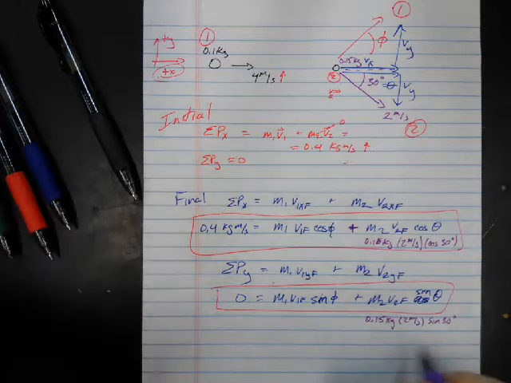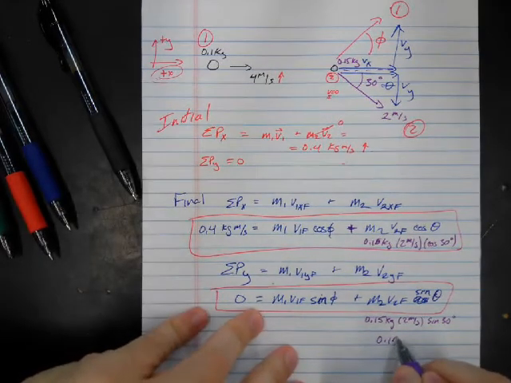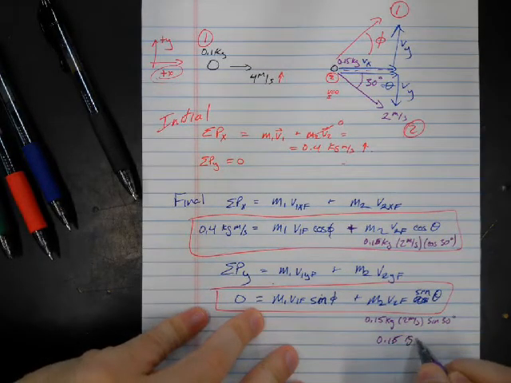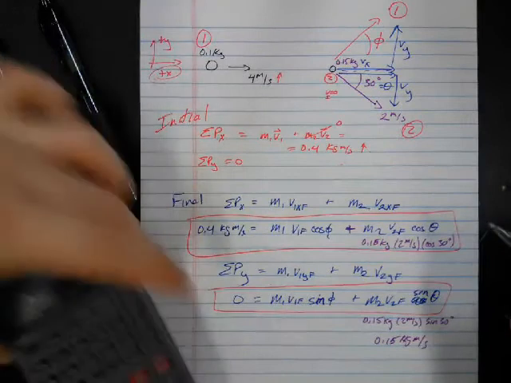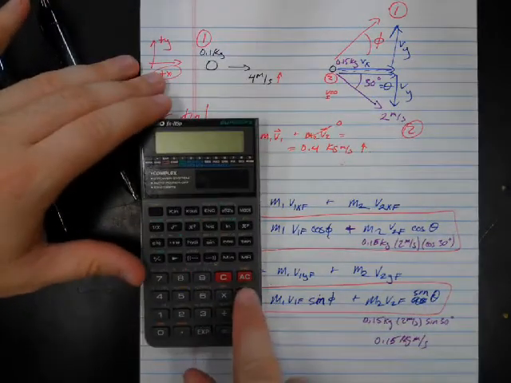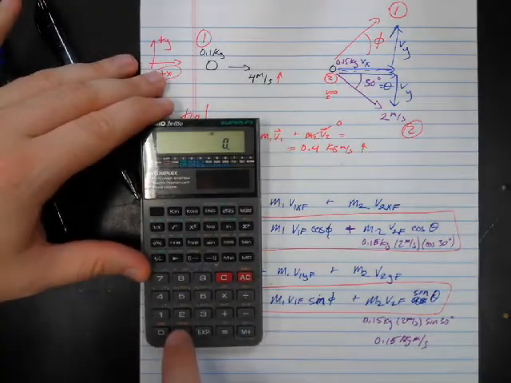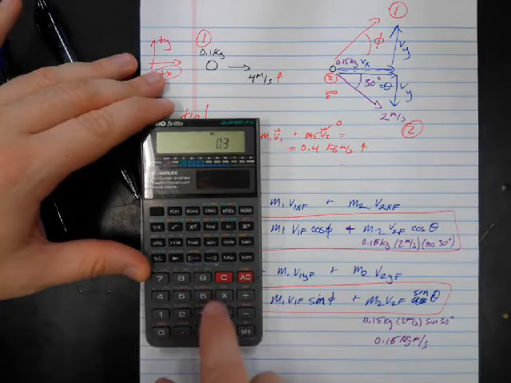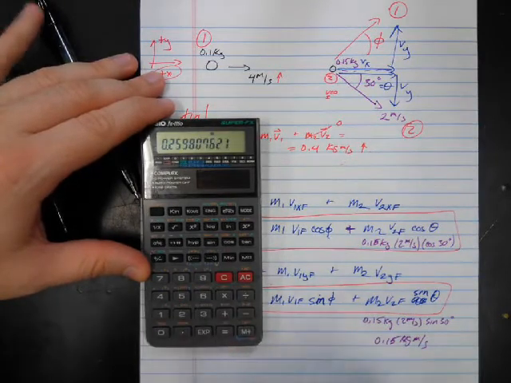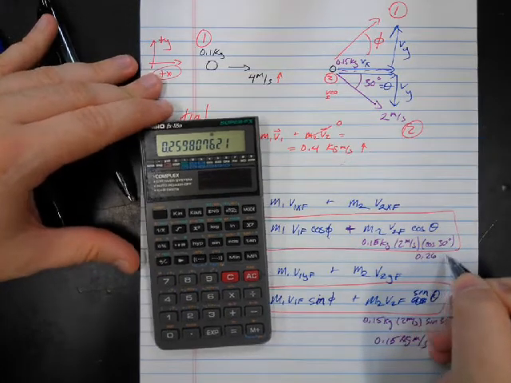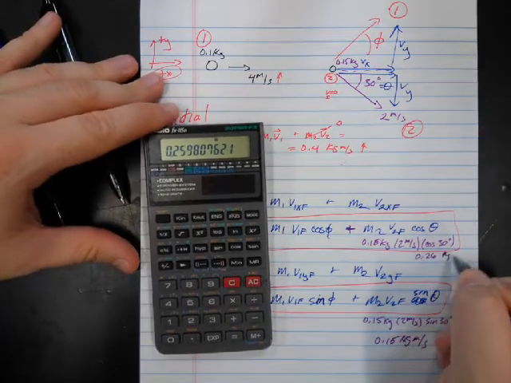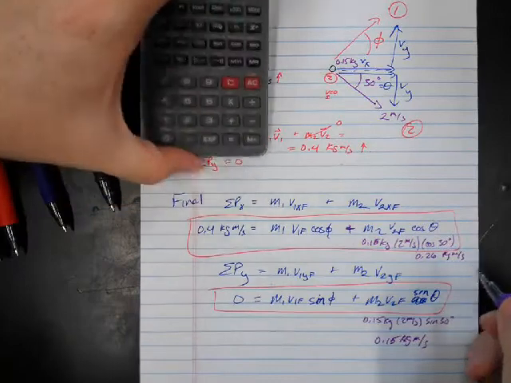So this term is 0.15 kilogram meter per second. And this term, 0.15 times 2 times cosine 30, is 0.26 kilogram meter per second.